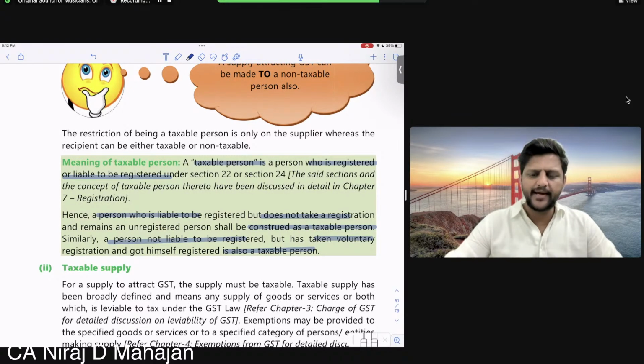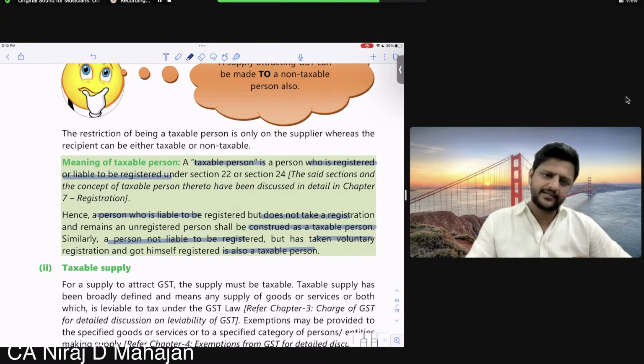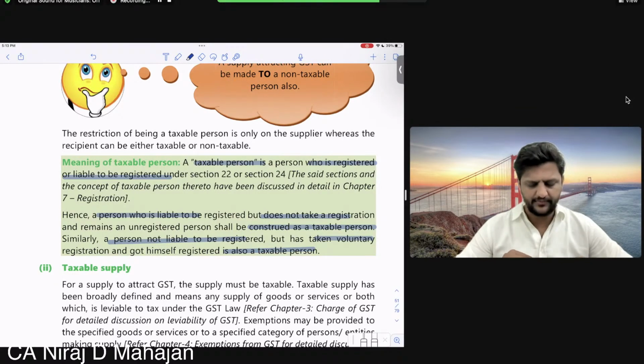Do you remember, bachcho, income tax? We had done PAN, permanent account number. In that, we had seen that on certain transactions PAN is compulsory, that means you need to obtain a PAN.